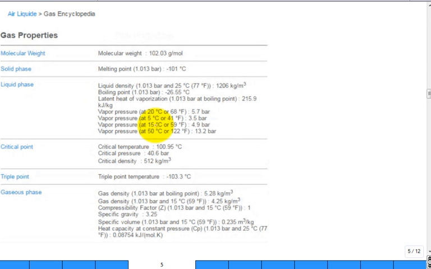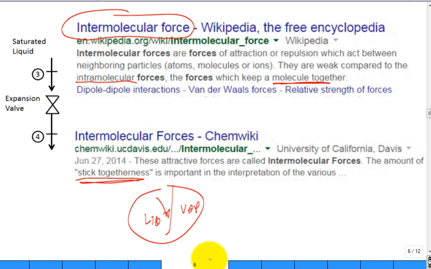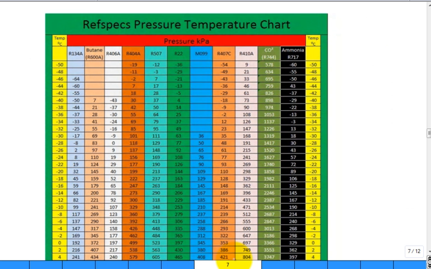You can look at some of the numbers I grabbed from that website for different values of pressure, temperature, and critical point, and then you know what's happening. It's coming in as saturated liquid and it's vaporizing. So the key is understanding that pressure-temperature curve on a PT diagram, going somewhere between the critical point, and you're not ever going to get down to the triple point, but there you go.